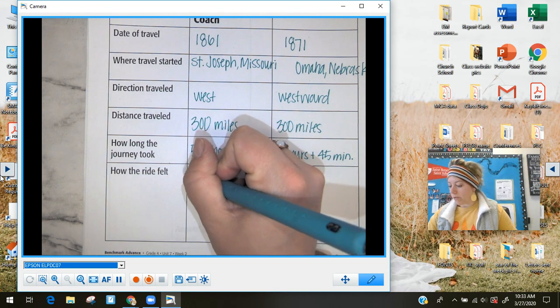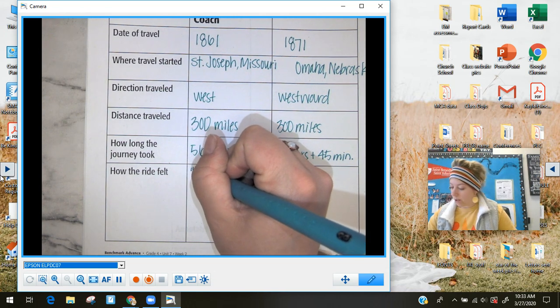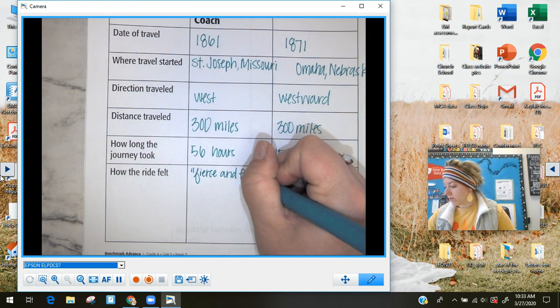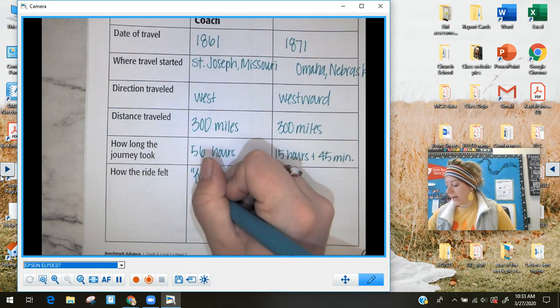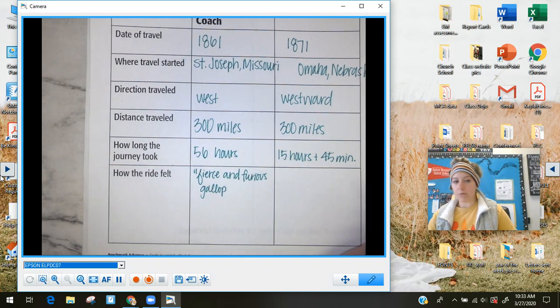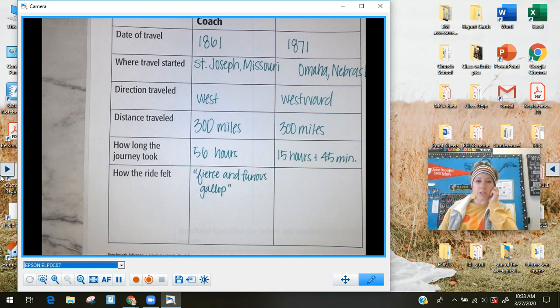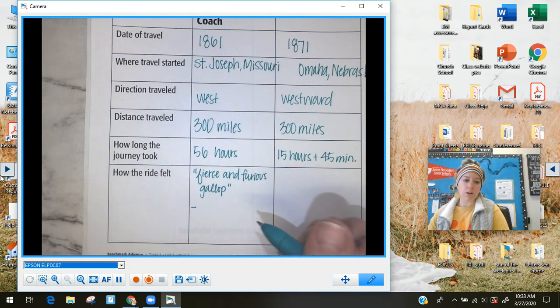So I'm going to write down fierce and furious gallop. And now, just like we're in class, you should be writing all these things down too. So picture a fierce, it's hard to say, fierce and furious gallop. Do you think that ride would be very comfy? So now in your own words, okay, you can copy some of mine.